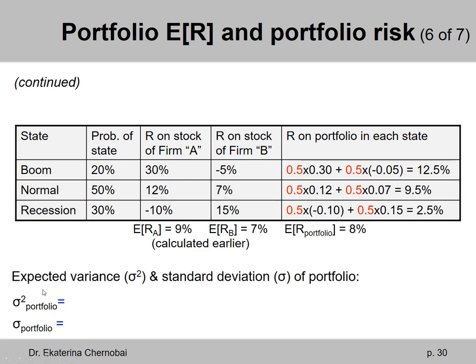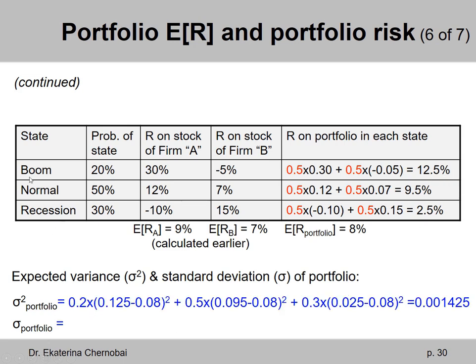Next, let's calculate the expected variance, sigma squared, and the expected standard deviation, sigma, of this portfolio. Because we are treating the portfolio returns in boom, normal, and recession as if it's just a fresh problem for some one asset, we can apply the same exact formulas as we used for a single stock in earlier slides.